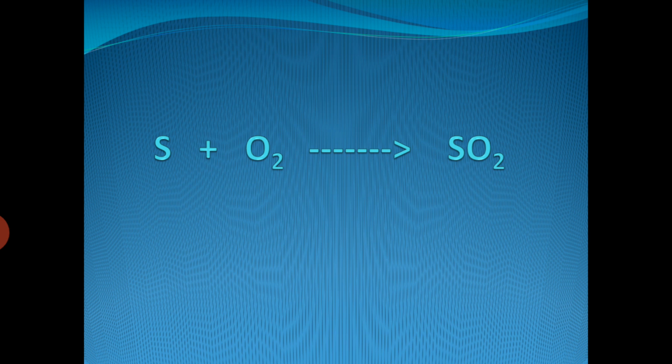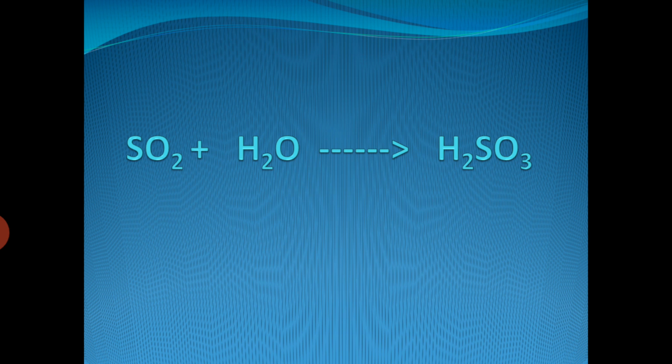Now next one is sulfur. When sulfur is heated in air, it burns in the presence of oxygen and produces sulfur dioxide, that means S plus O2 gives SO2. When this sulfur dioxide dissolves in water, it forms acidic sulfurous acid, H2SO3.